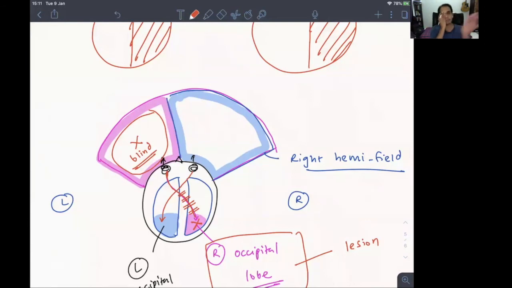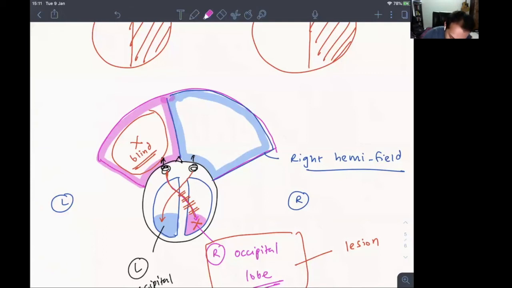And similarly for both your eyes. So each eye will have some temporal vision, some nasal vision that is in the center, but maximum will be temporal. And in the center part, both your eyes will have an overlap. Is that clear? So I'll draw it here again.